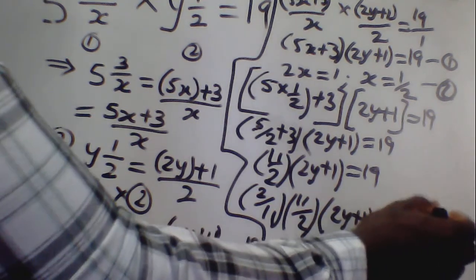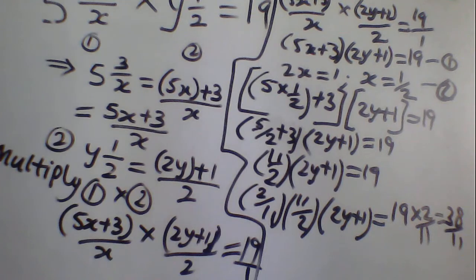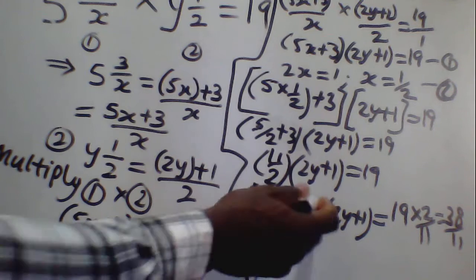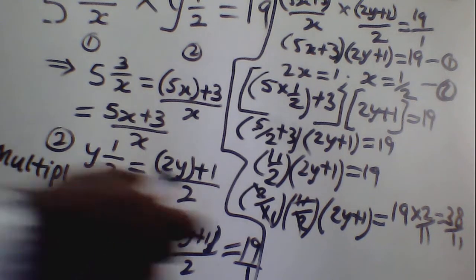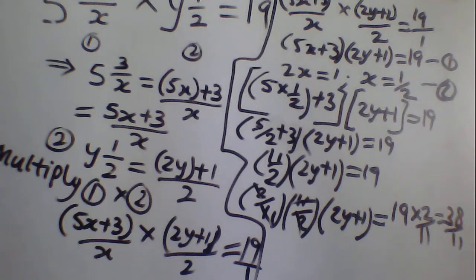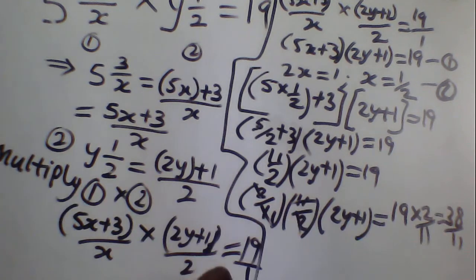So this will give us 38 over 11. Are you following? This can cancel. So from here we proceed. We have 2y plus 1. On the right hand side we have 38 over 11.